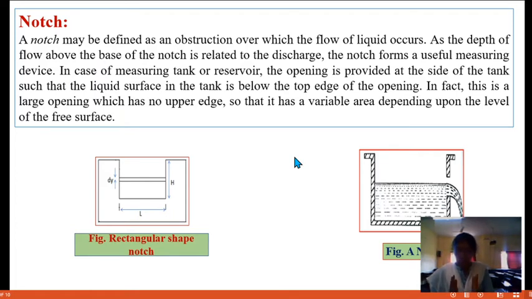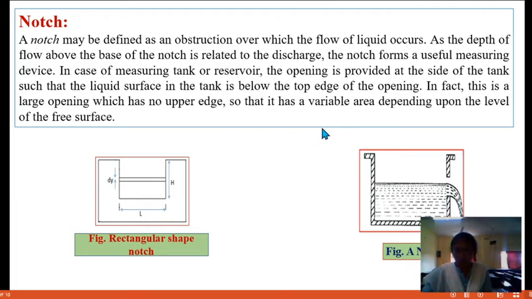So let's note down the definition: a notch is nothing but an opening provided on the side of a tank, vessel, or reservoir such that the water level on the upstream side is below the top edge of the opening. This is the top surface of the notch.